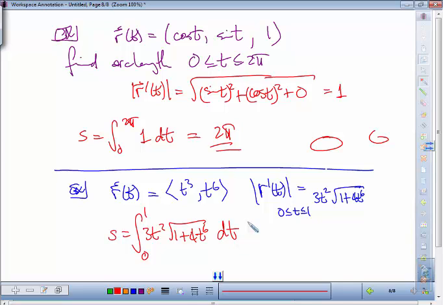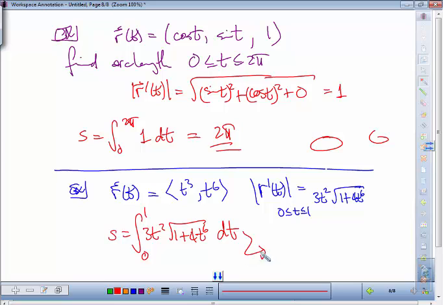So, for example, doing an integral like this is not easy. You can't just use a U substitution, which is the easiest kind of tool, and you have a square root. So there's a good chance that if you were to do this by hand, you would need to do trig substitution.